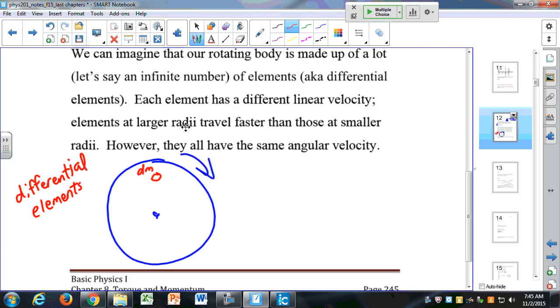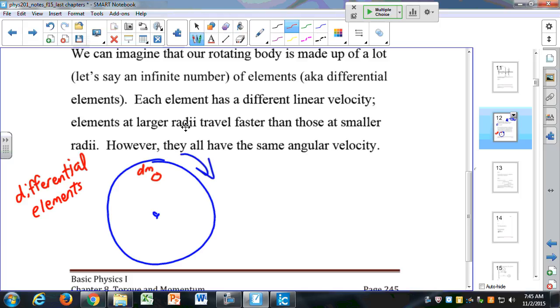They're also all going to have a certain velocity. I'm just picking out one little piece, but this whole disk is broken up into little bitty pieces. This has a certain mass dm, just like all the other differential elements. It also has a certain velocity. How does the velocity here compare to the velocity of other points on the disk? Is it the same or is it different?